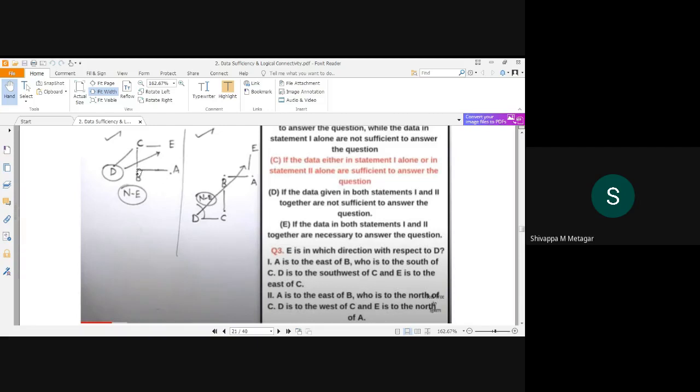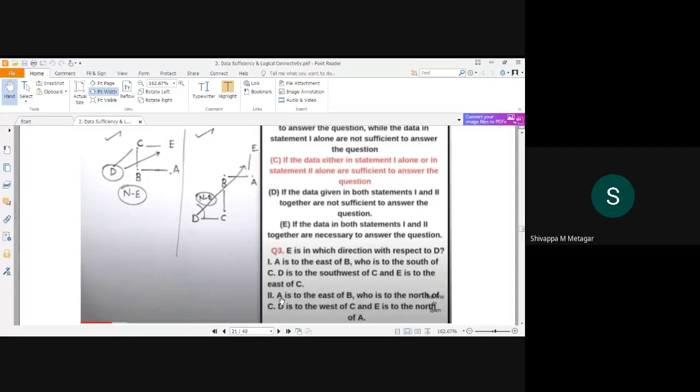D is to the west of C. Okay, and E is to the north of A. Sorry, this one: E is to the east of C. So based on the first statement, you can easily find out the answer, that is D to E. Here in the question, E is in which direction with respect to D, we have to find out. Based on the first statement, you can easily find out the solution.